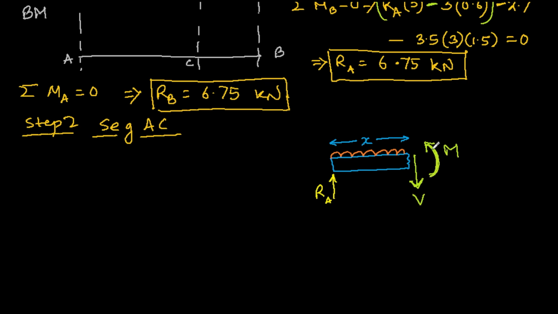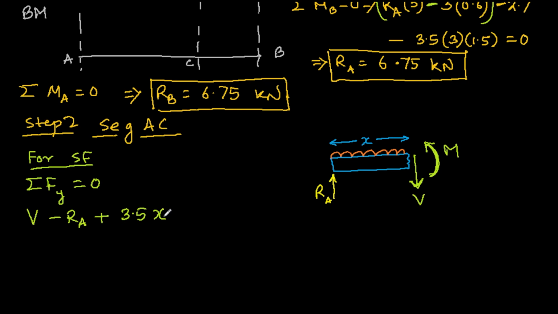Then for the shear force, SF, the summation of all forces in the y direction should be 0, considering the vertical direction to be y. So let's write V, minus RA, which is known to be this, plus 3.5, the density, times x.